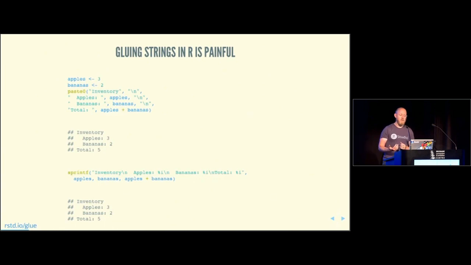The other way to do this in base R is sprintf. There you have a specific format where you want to insert the values, and then you put all of the values you want to insert at the end of the call.